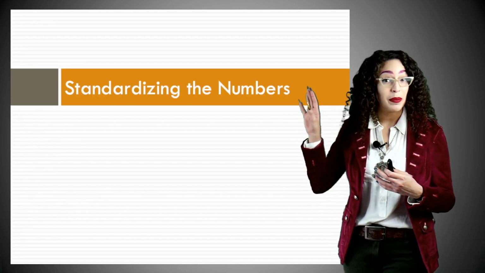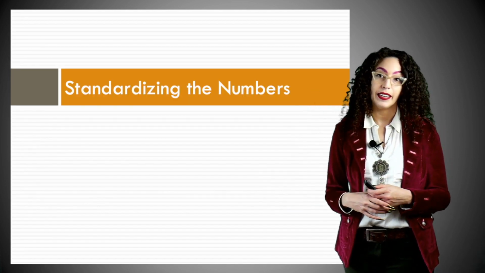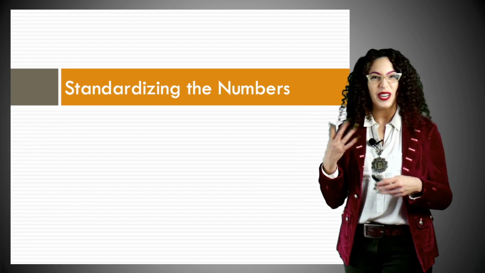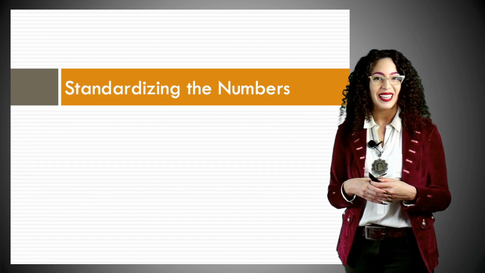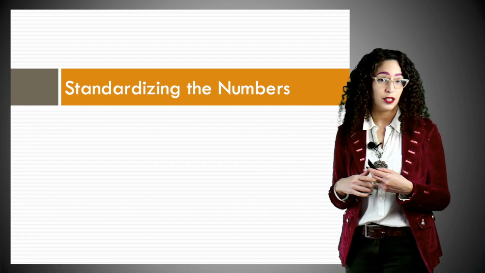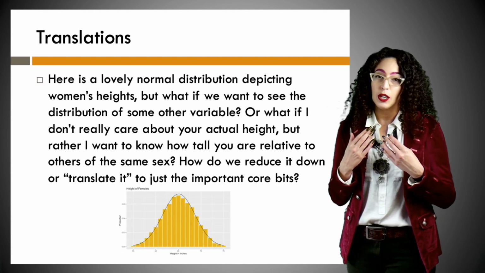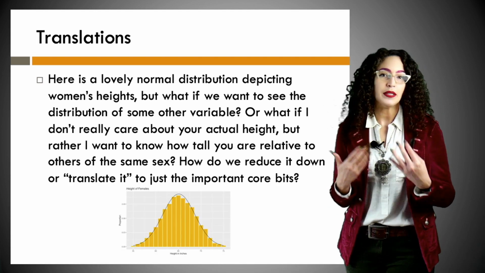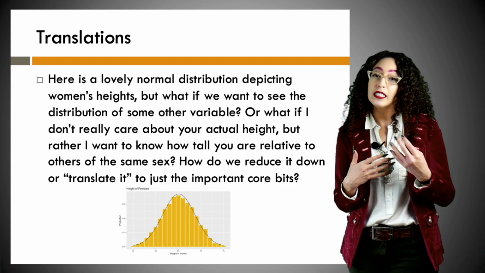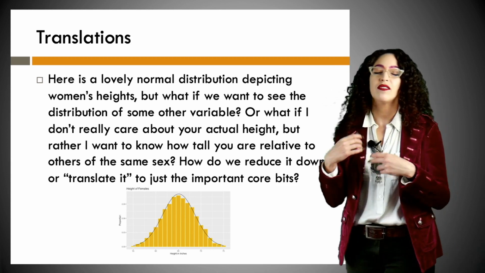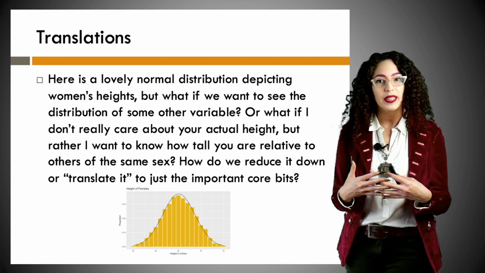So, to be able to do all that fun stuff I just said, we've got to do some more translating of those numbers. We've got to do something called standardizing. So, translations again. I use this phrasing because I think it's a good way to explain how we go from one set of numbers to the next, but they're all related.